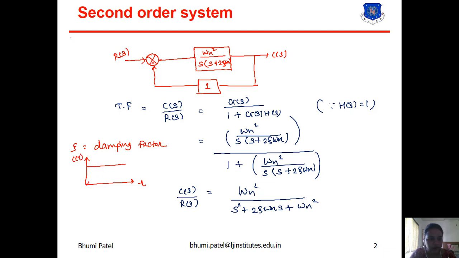Where the number of oscillations is greater, the system becomes unstable. So the function of zeta is to oppose the number of oscillations. Now what is omega n? Omega n is known as the natural frequency. Okay, so this is the second order system of this block diagram.